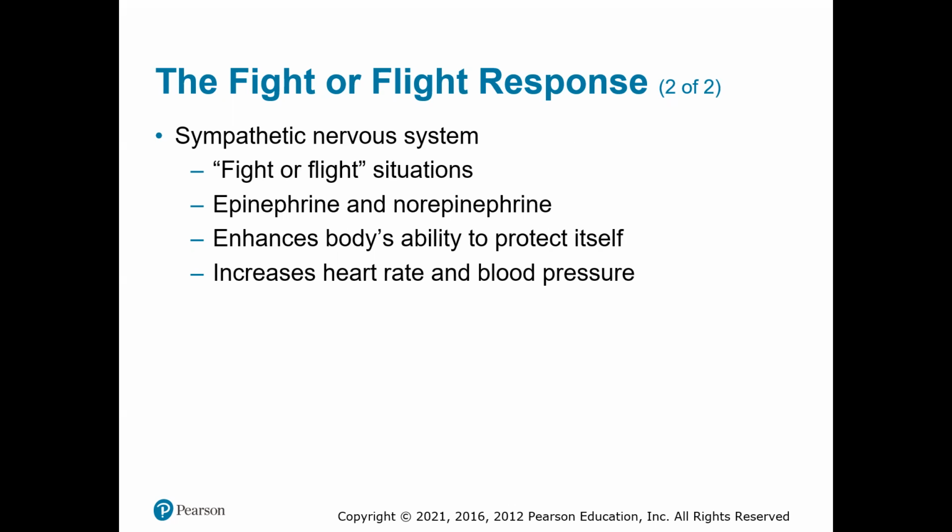This is part of our ancient caveman days where we'd see a dinosaur or a lion and our pupils would get super large. You see these large black pupils in our eyes. They want as much light as we can get. We want to be able to see the monster that's chasing us. We want to be able to see whether there's a good hiding spot in the bushes next to us.